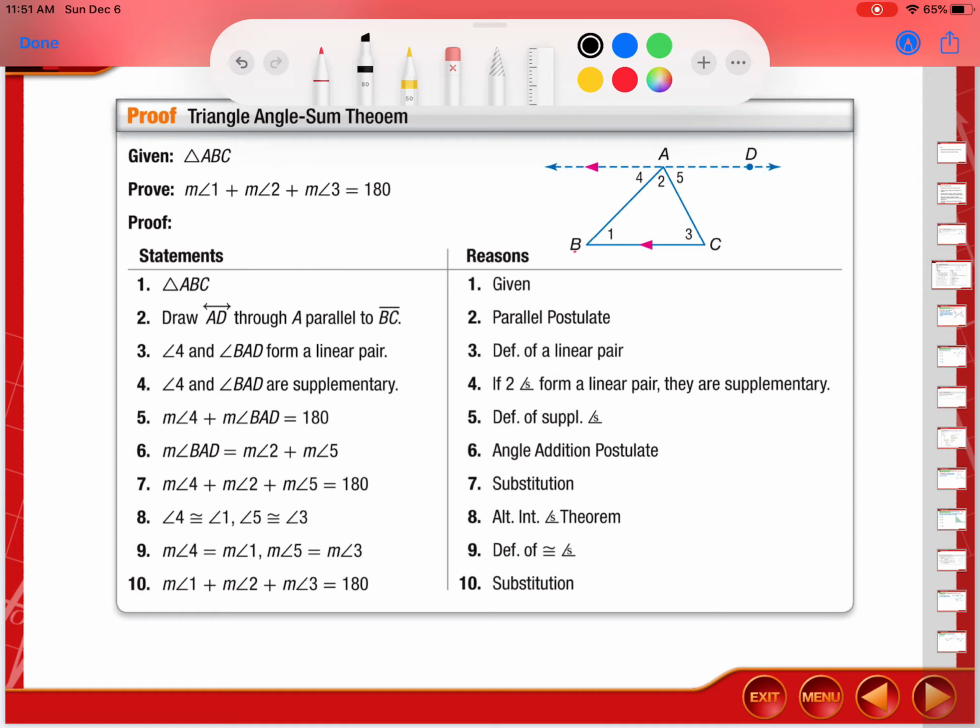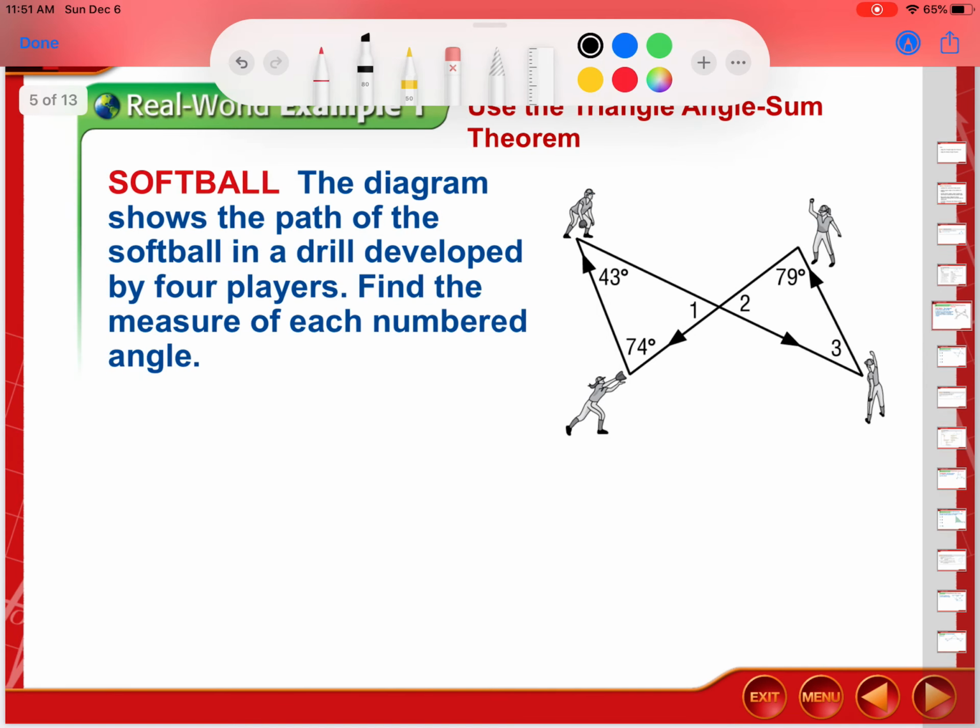It's really a long, drawn-out, confusing way of saying that. But big picture in the proof, you can pretty much skip steps 2 through 7 and get the same general picture. This isn't a proof that you would write, but it's just a proof showing that a triangle does in fact add up to 180 degrees.